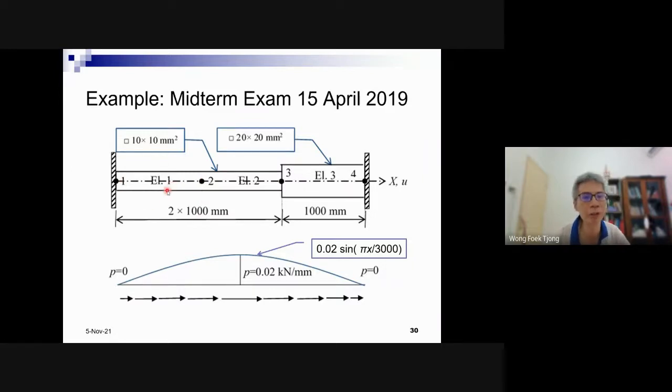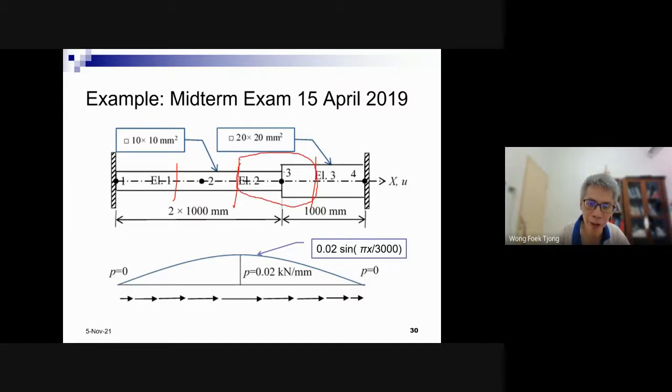Regarding the division of the bar into separate elements, we should separate at the change of the area. Don't make the elements, for example, like this, where I just divide by 4 and 1. This is problematic, because we have a sudden change of the area.